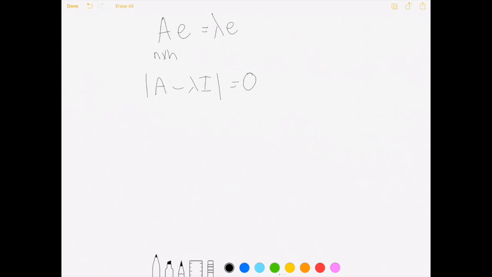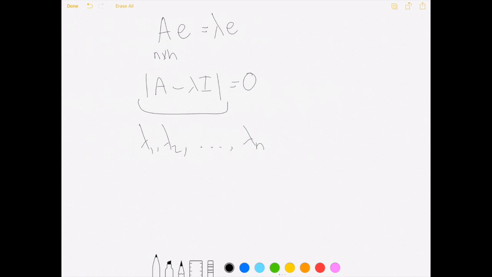That's known as the characteristic equation, and if we expand this out, that's the characteristic polynomial of A. This is a polynomial of degree n, and so it has n roots, lambda 1, lambda 2, up to lambda n.